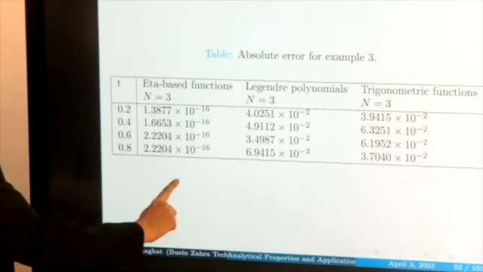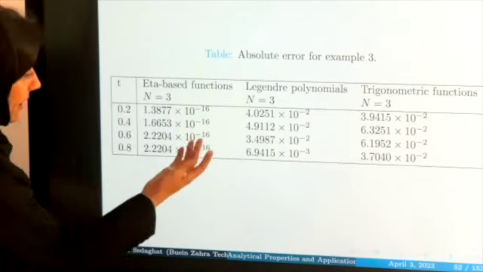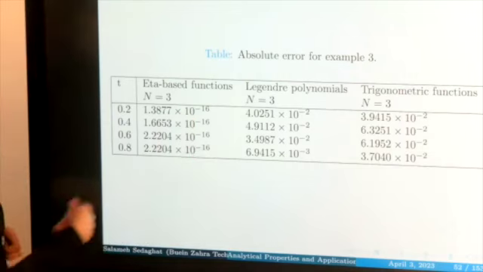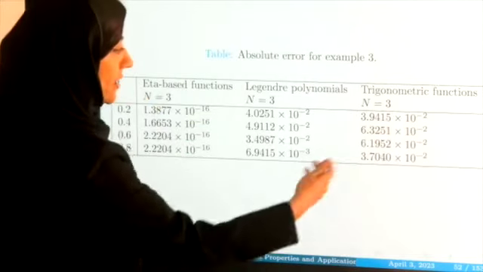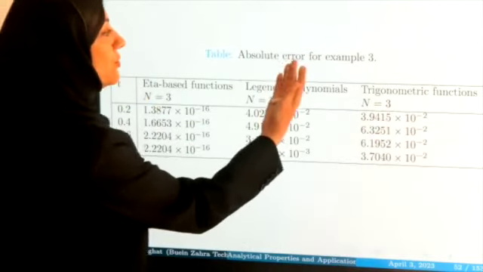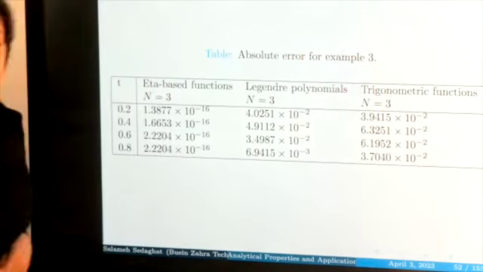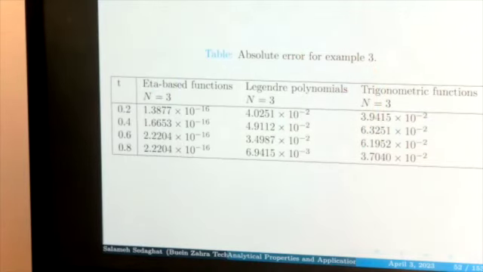For eta-based function, the absolute error is equal to 10 to the minus 16. But for Legendre and trigonometric polynomial, we have an absolute error about 10 to the minus 2. So we can see eta-based functions are suitable for deriving the approximate solution of an equation that has a trigonometric or hyperbolic exact solution.